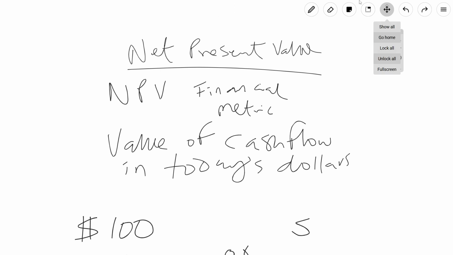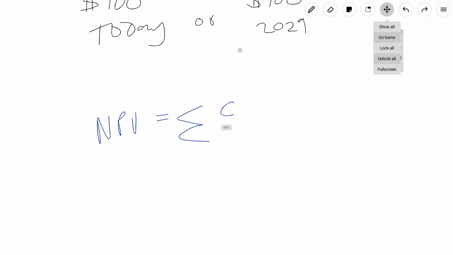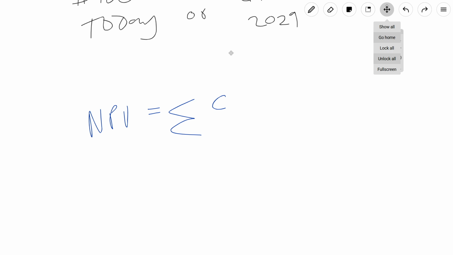So if a friend offered you $100 today or $100, let's say in 2029, which one would you accept? The one that you would accept is the one that has more value, which is $100 today, or whatever the amount is, right? So when we talk about net present value, we have a formula.